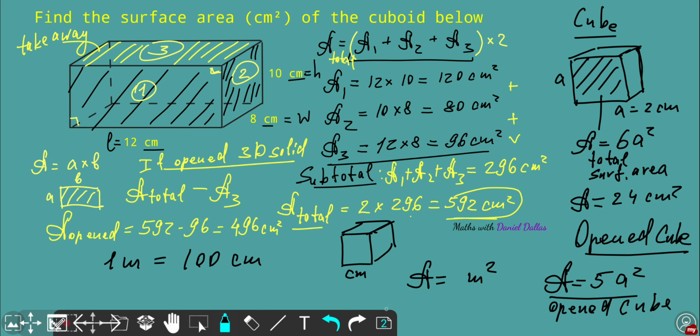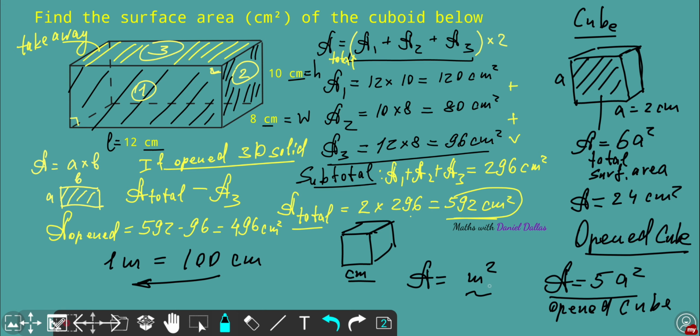The first way is to convert each centimeter unit into meters. If you're given centimeters, you need to convert into meters because your final answer should contain meters squared.